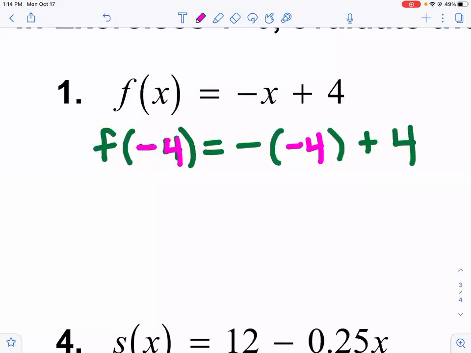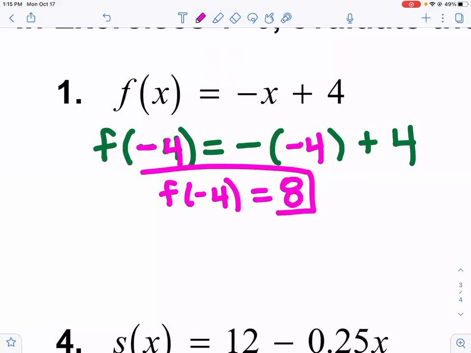What is negative times -4? It'd be +4. +4 plus 4. f of -4 is 8.